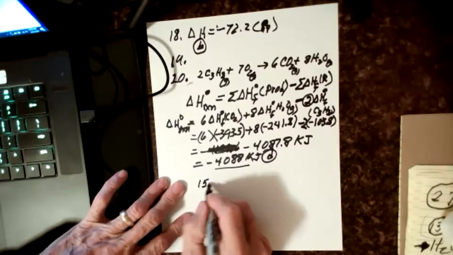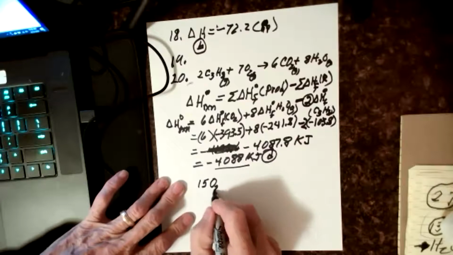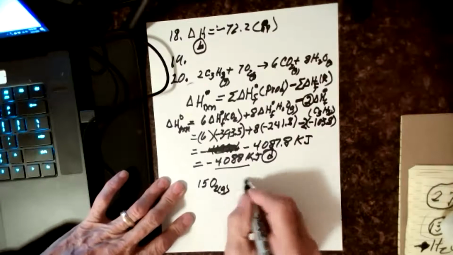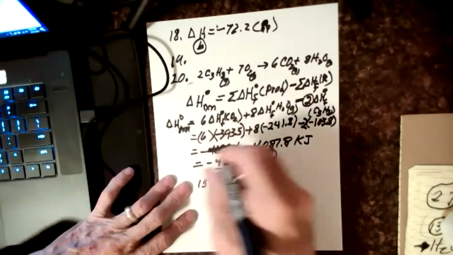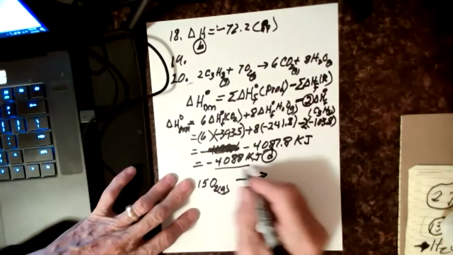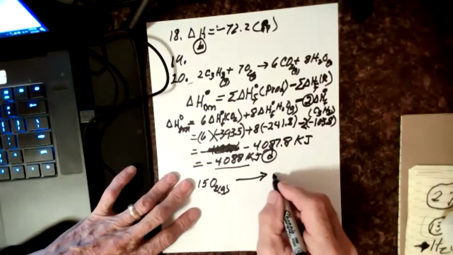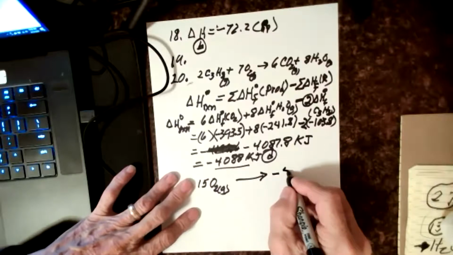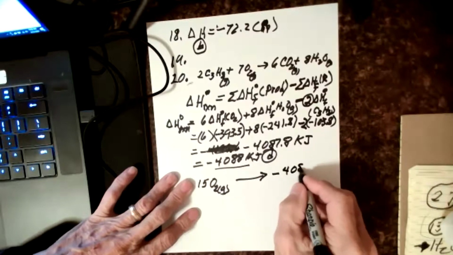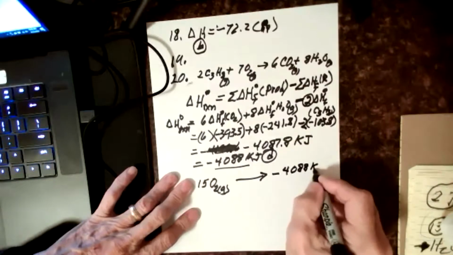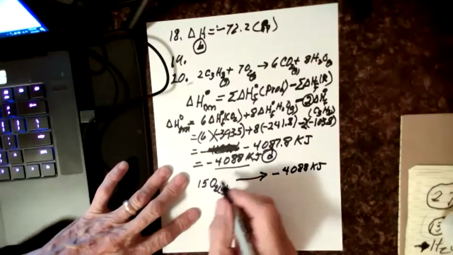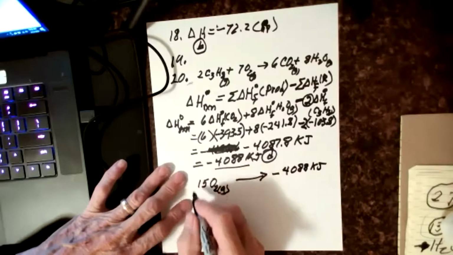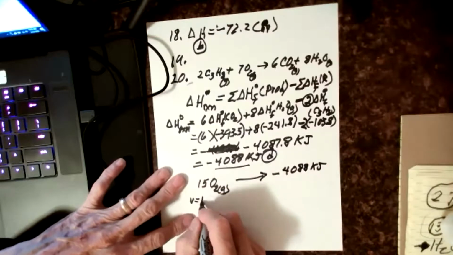So if I take 15 O2 gas, with the appropriate amount of benzene, that's going to give me 4088 kilojoules coming out.